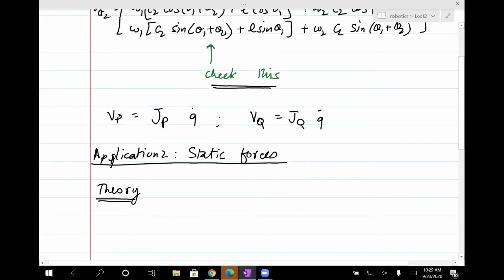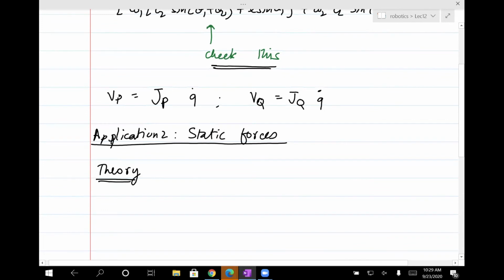To derive some expressions which we'll then use to solve for the equilibrium forces for a double pendulum. Okay, so this is based on what is known as virtual work, which you might have briefly heard of in a previous class.